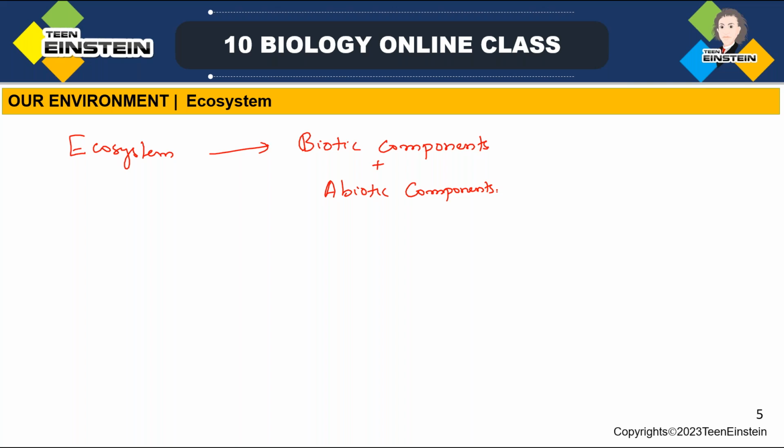So ecosystem consists of biotic components. Biotic means living organisms, right? That is the biotic components.